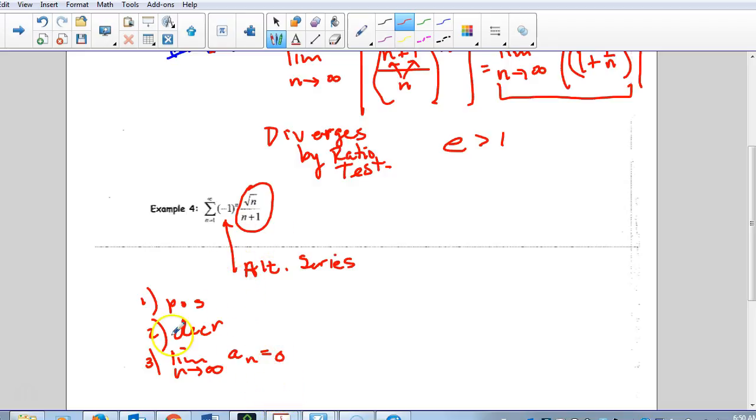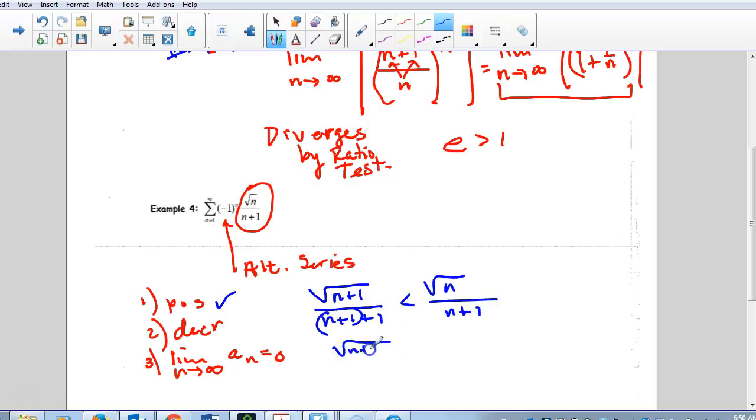So without the negative, I can check off, certainly the first one is definitely positive. Decreasing means that the square root of n plus 1, so that's the next term, over n plus 1 plus 1 has to be less than the original square root of n over n plus 1. So that's the same as saying the square root of n plus 1 over n plus 2 has to be less than the square root of n over n plus 1, right?